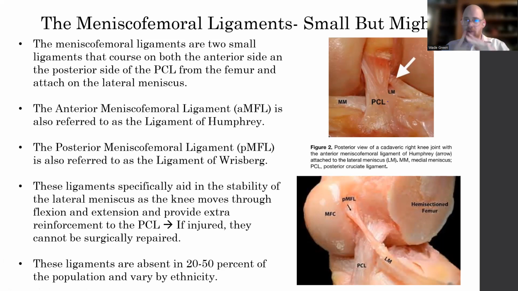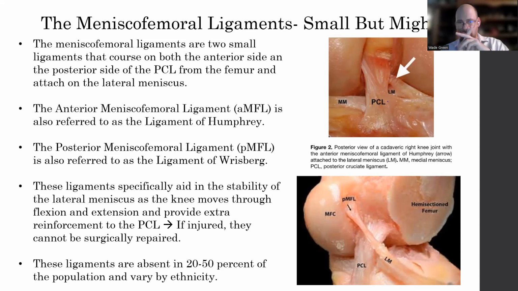the PCL. So here's my PCL, my two fingers here. Here, facing you, is my anterior meniscofemoral ligament, and facing me on the back side, posteriorly, is my posterior meniscofemoral ligament. What do they do?